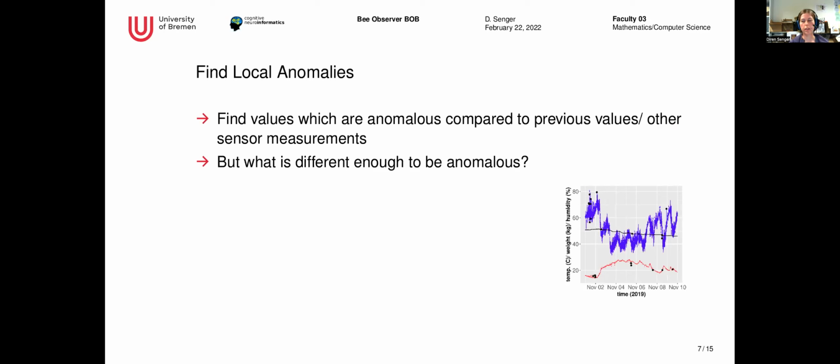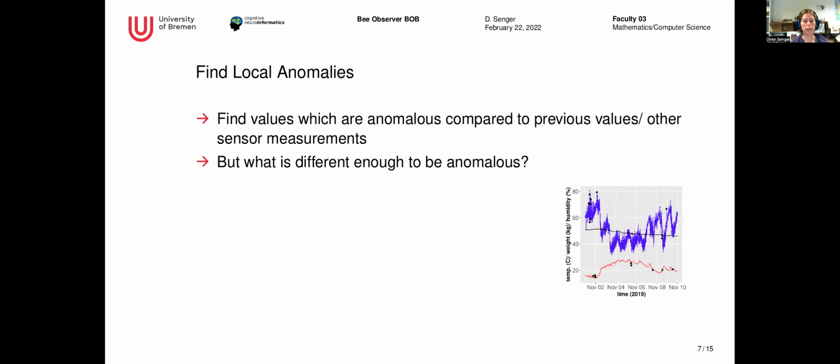We used so-called ARIMA models. Basically, we look at the difference between one value and the next value, and look if this difference is similar to the differences before, or if there's a sudden increase or decrease. And then we say, okay, this might be an anomaly.